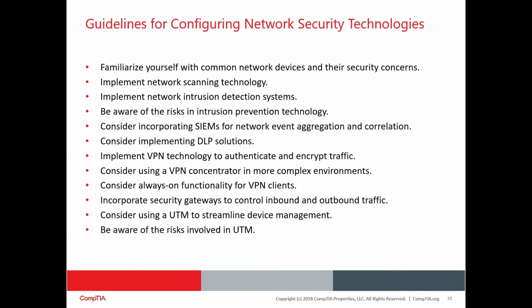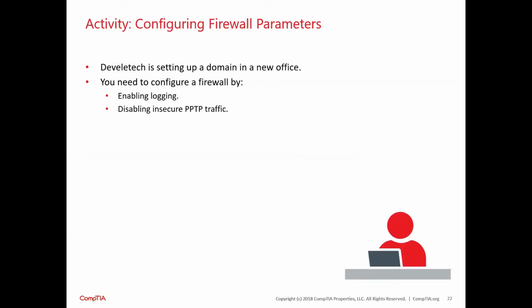And then you also need to understand SIEM, which is normally used to aggregate events and correlation, and provide a better solution for continuous monitoring, as well as the use of DLP and VPN plus VPN concentrator, then UTM, which is used to provide centralized or unified threat management that will allow you to detect malicious activities.